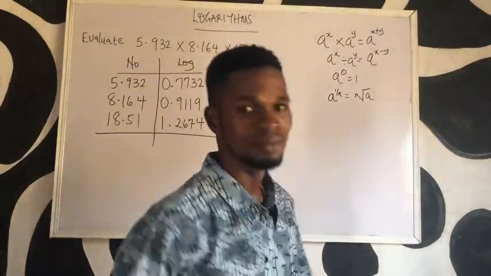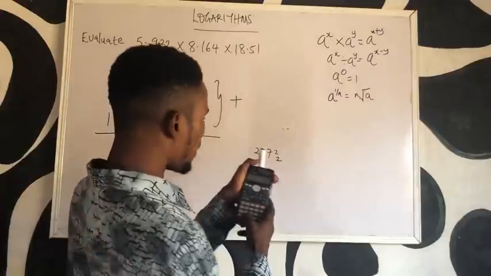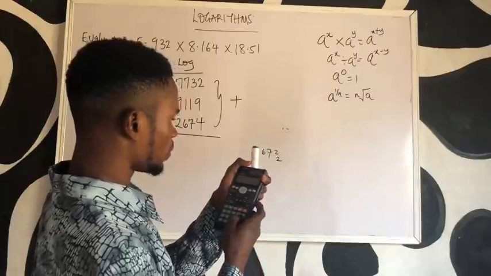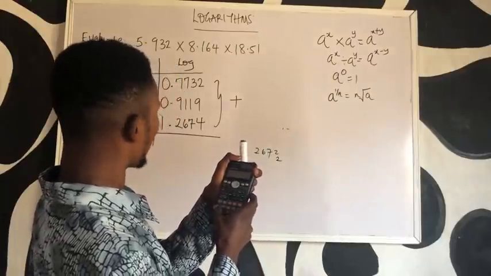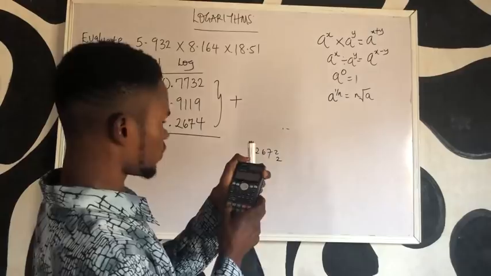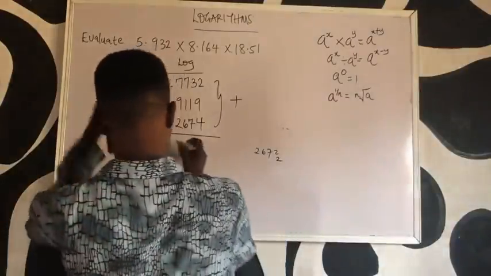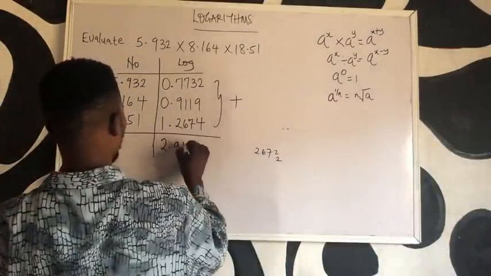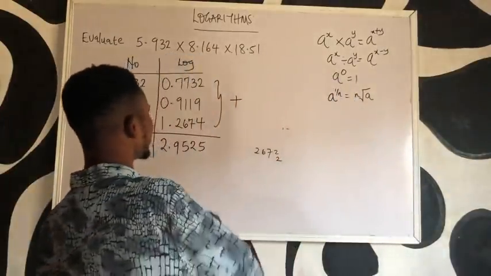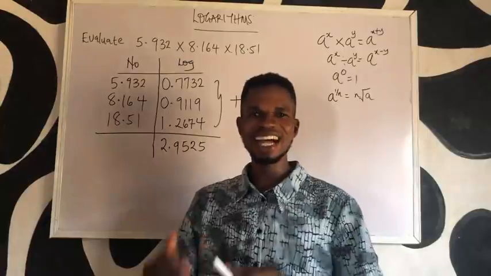But to save our time, we can just use our calculator since we have it here. 0.7732 plus 0.9119 plus 1.2674, which is 2.9525.